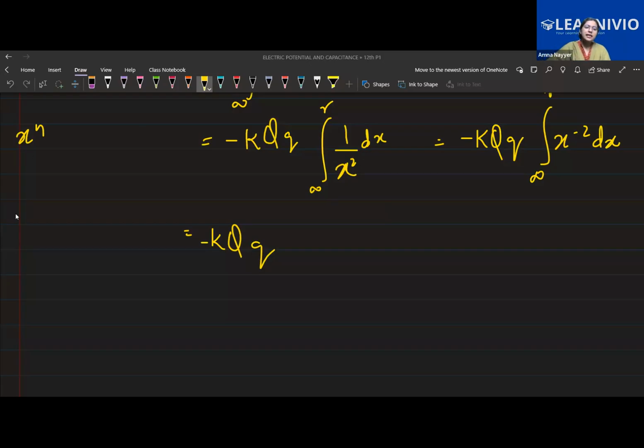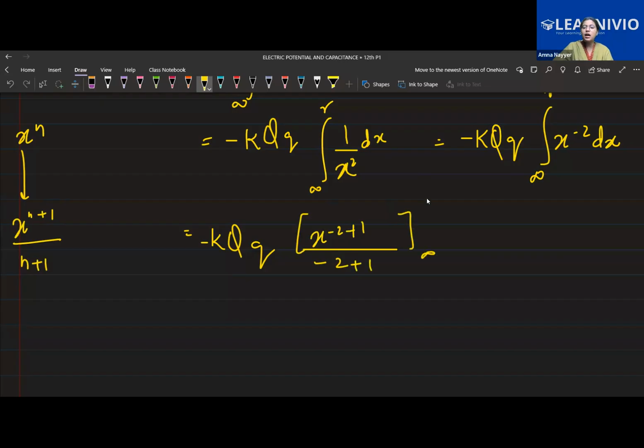See, when you are integrating x to the power n, you add 1 to its power, you divide by the same. So if it is x to the power minus 2, so minus 2 plus 1 here, divided by minus 2 plus 1, and you put the limits from infinity to R.